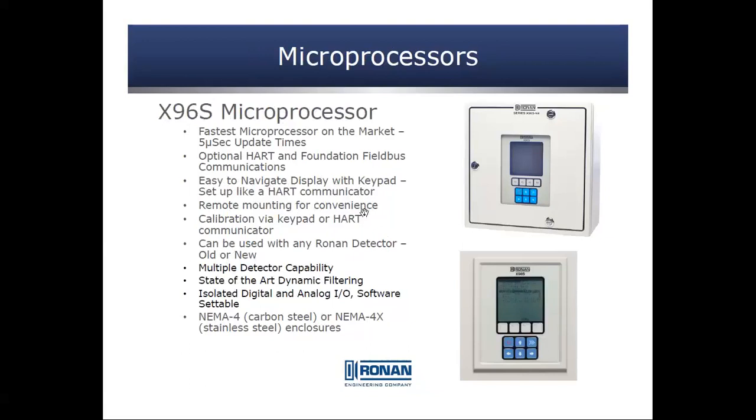It can be remotely mounted away from your system, and it can be used with any kind of Ronan device. We can hook up multiple detectors into there, and we can give many different kinds of outputs. HART, Foundation Fieldbus. We're giving 4 to 20, and you can get up to 8 alarms out of it.